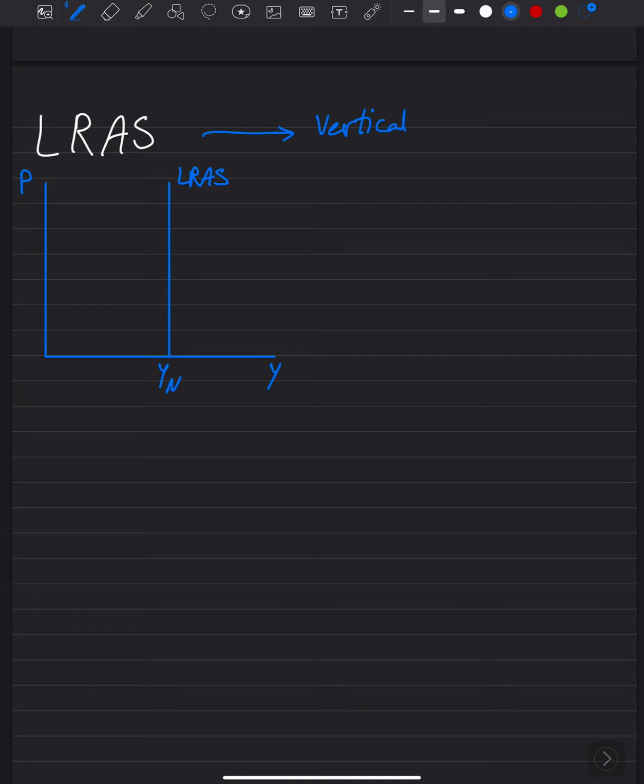If any of those change, we're going to see a shift in this long run aggregate supply either to the right or to the left. So if labor, capital, human capital, natural resources, or technology changes, we are going to see a shift in the long run aggregate supply.